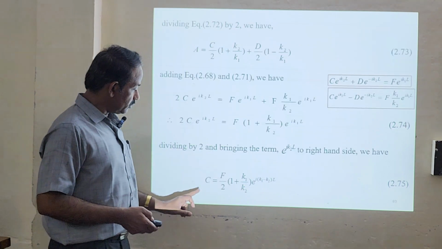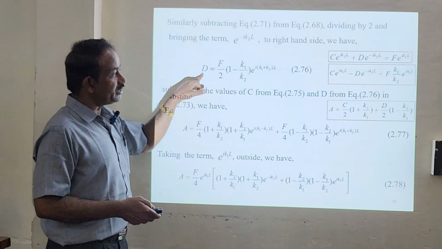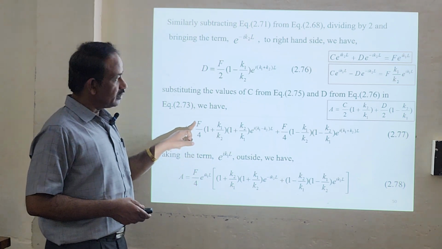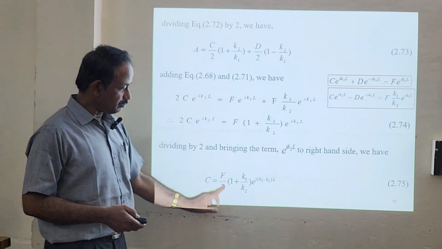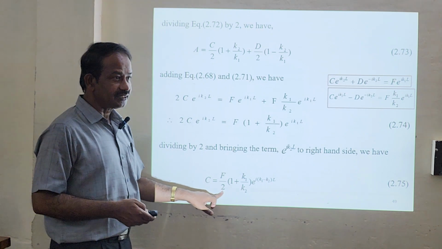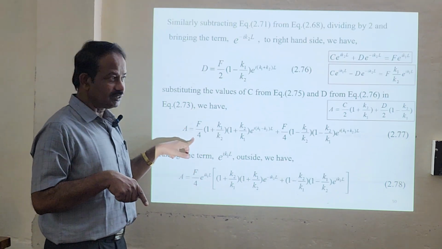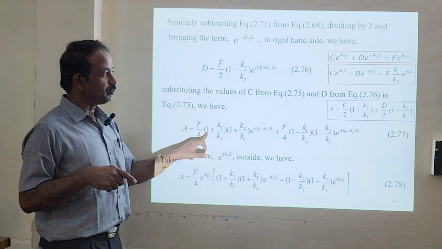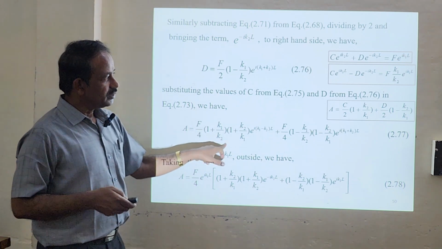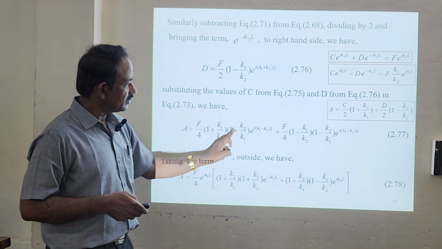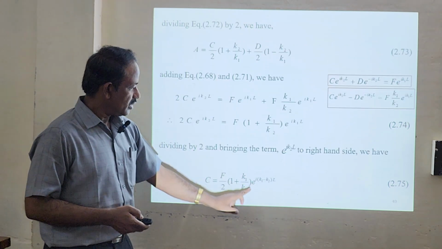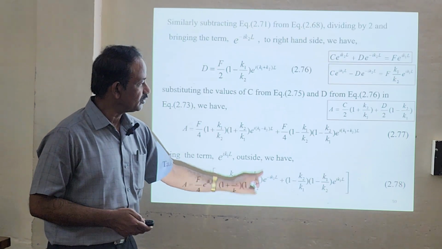Now we have already found our C expression and the D expression. You substitute in this expression, you will have A equals C, which is f by 2. Already a 2 exists, one more 2 will come. So you will get f by 4 (1 plus k1 by k2), this expression is (1 plus k2 by k1), and e power i (k1 minus k2) here.